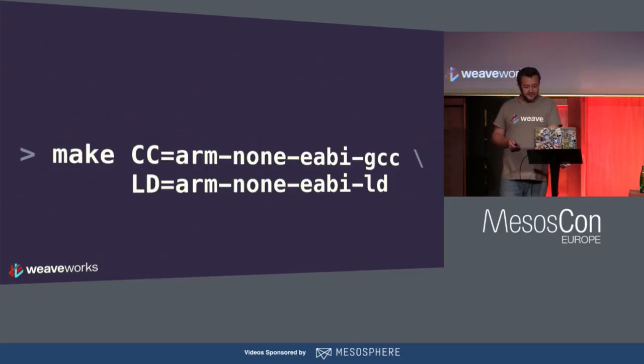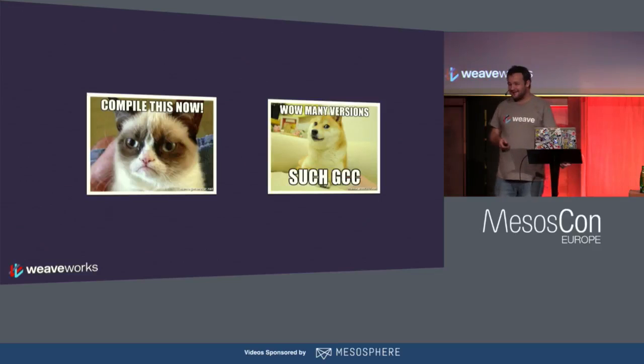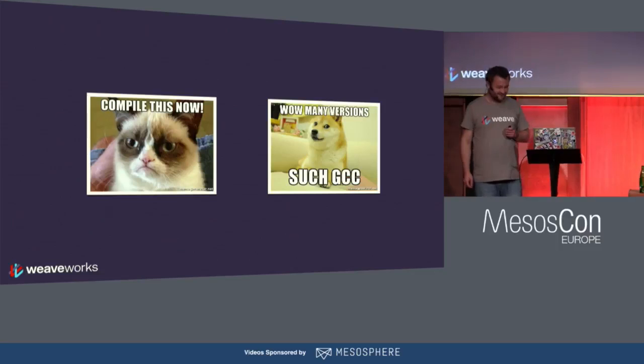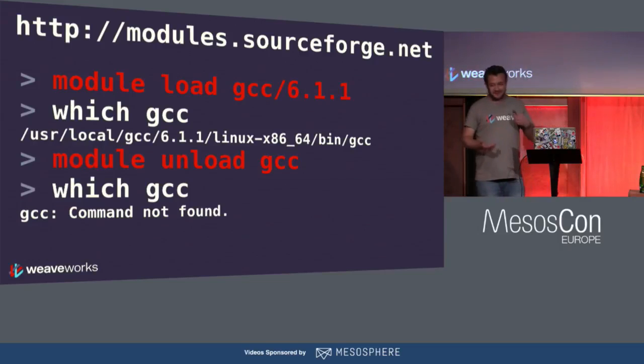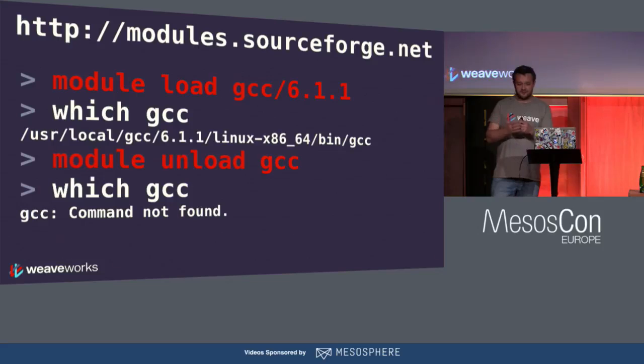Anyway, what I was getting to is that back then I discovered this project on SourceForge called Modules, and it was able to manage different versions of GCC on your machine. It was already quite old at the time.